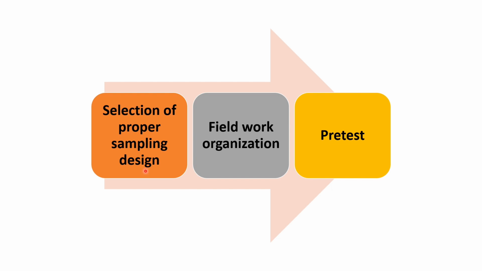For example, simple random sampling, stratified random sampling, cluster random sampling, simple random sampling with replacement, and without replacement. So in those techniques, we need to use a technique which is suitable for our analysis or survey. Those we will learn in further videos. This is the 8th step.